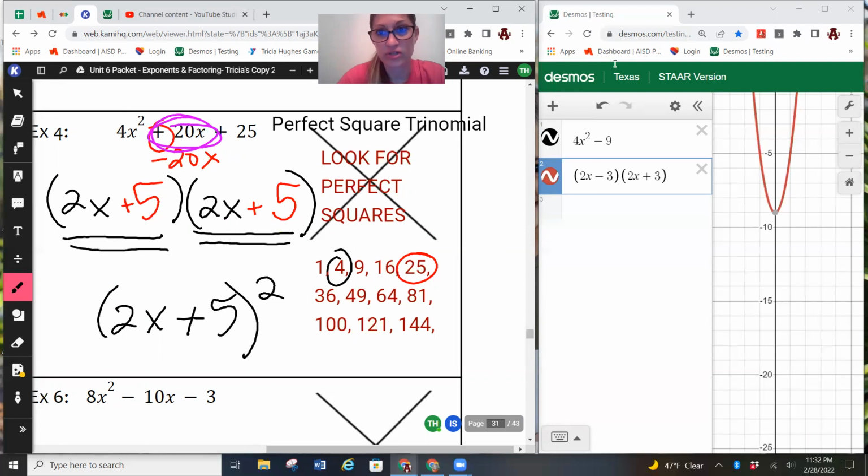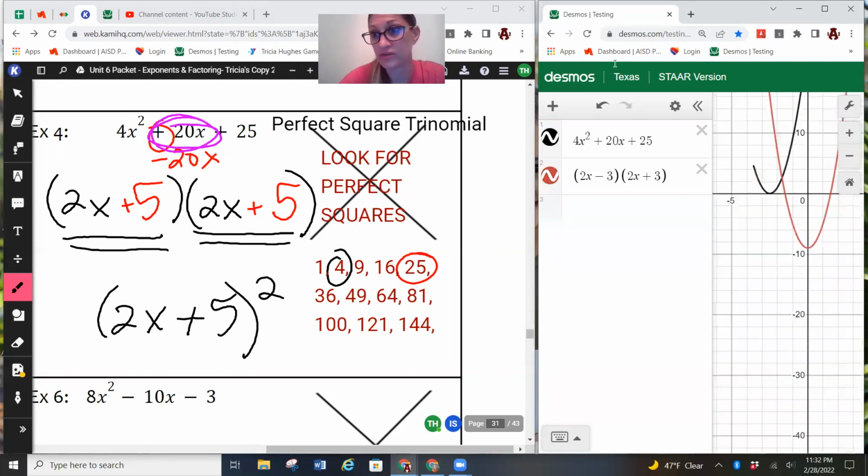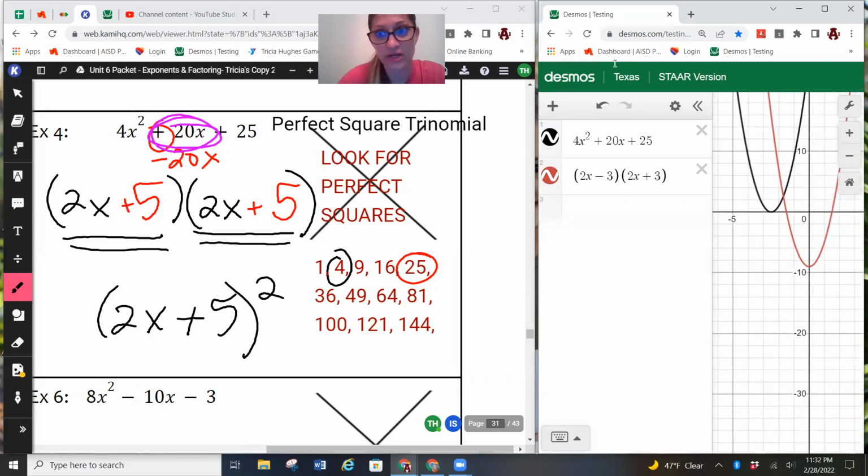And then, of course, you're going to check your work. 4x squared plus 20x plus 25. We got 2x. Notice those are two different quadratics. So let's change it to 2x plus 5. Now they're getting closer. And 2x plus 5.